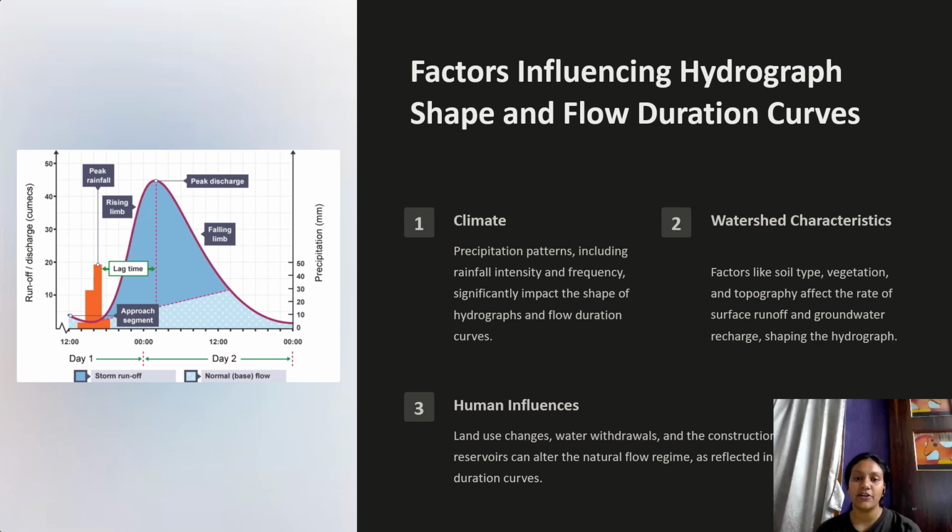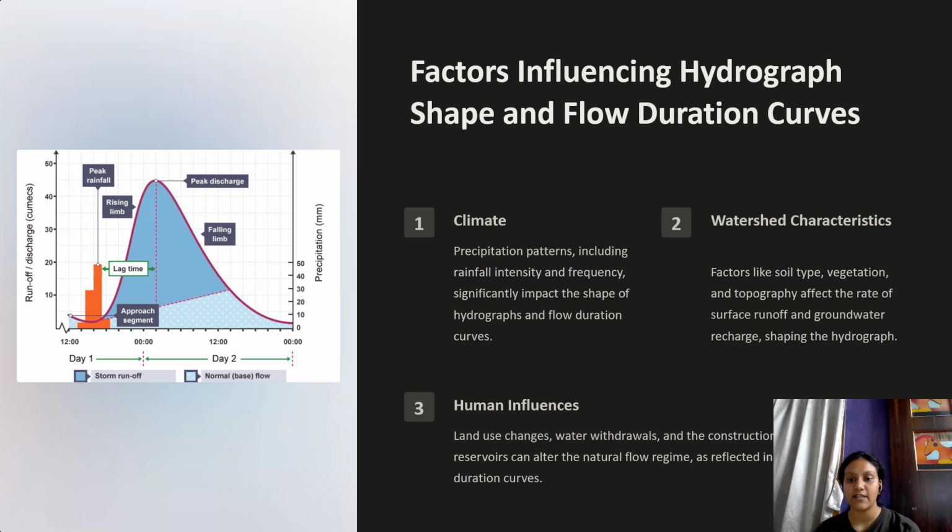Factors influencing hydrograph shape and flow duration curves. The three main factors influencing the hydrograph shape and flow duration curves are climate, watershed characteristics, and human influences. Climate, precipitation patterns, including rainfall intensity and frequency, significantly impact the shape of hydrographs and flow duration curves.